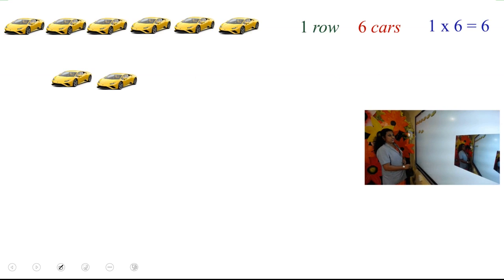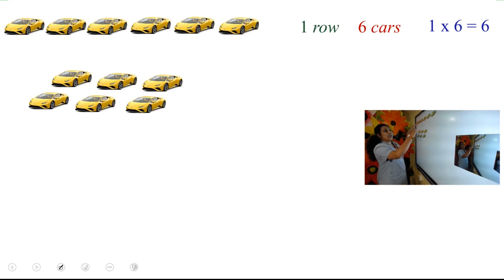1, 2, 3, 4, 5, 6. Here the cars are arranged in one row. See, here the cars are arranged in 2 rows. Here is 1 row, this is the second row. How many cars are arranged in one row?